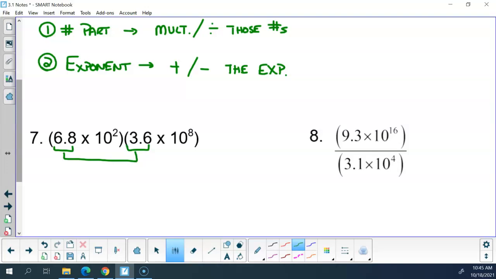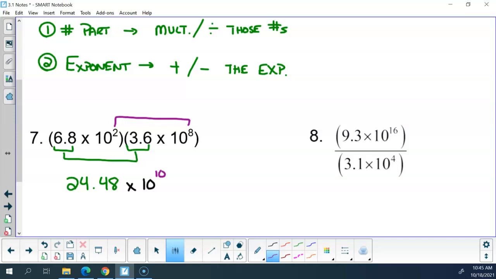Okay. 24.48 is what I get when I multiply those two numbers. Then I've got a times 10. And now I have to deal with the exponent part. So the exponent part says I do what with my two exponents? I add them together. 2 plus 8 is 10.